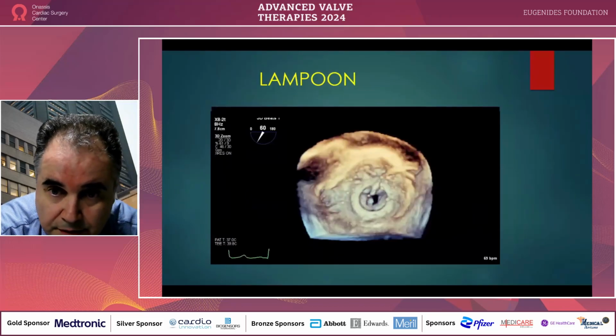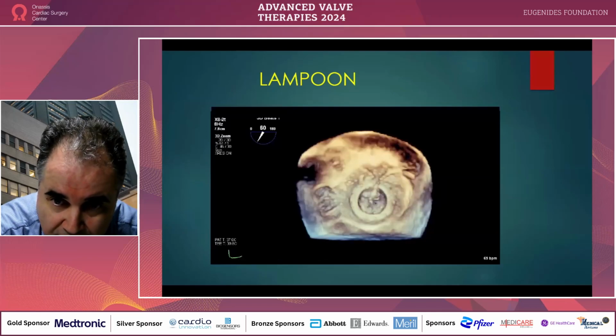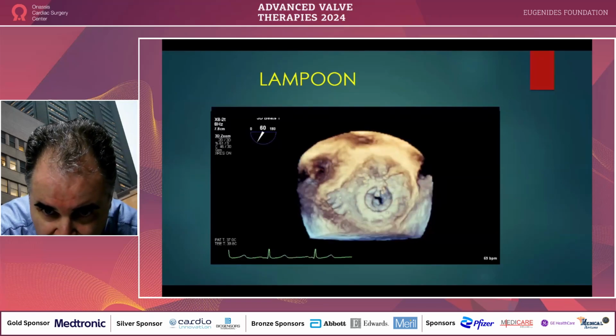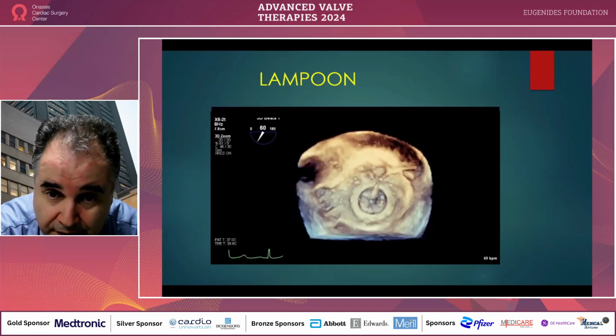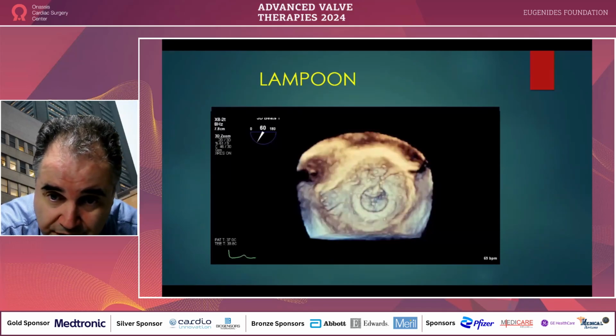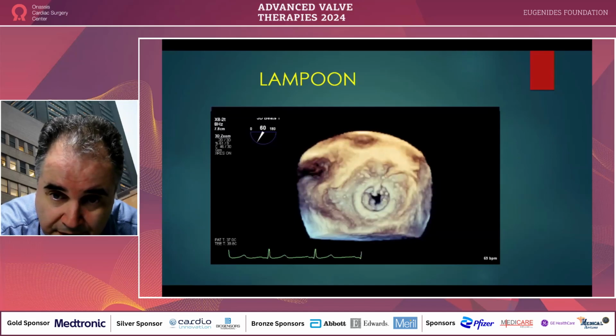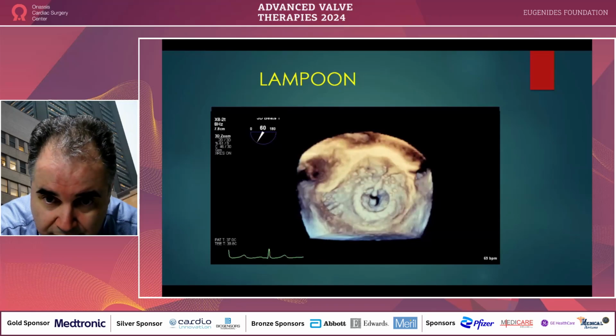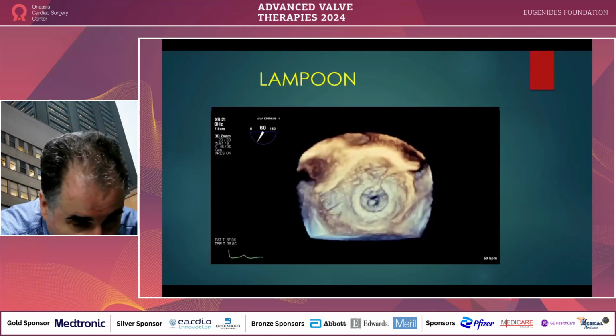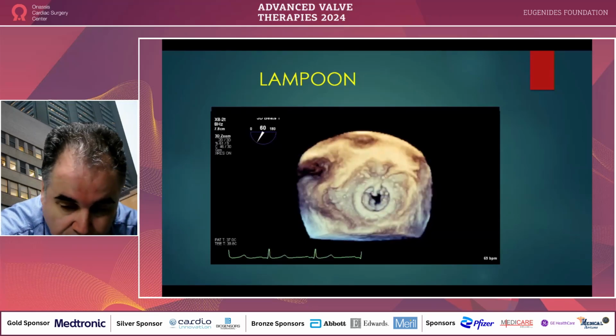As you can see here, the catheter in the anterior leaflet. This was a prosthetic mitral valve. The patient had a prosthetic tissue valve, as you can see here, and you can see the catheter for the Lampoon procedure. Again, this is the anterior leaflet, very easy to see.